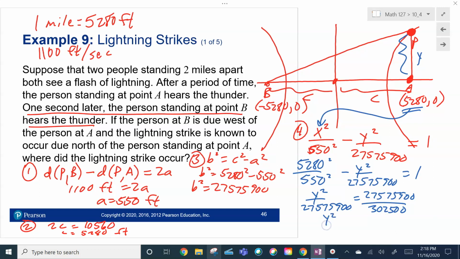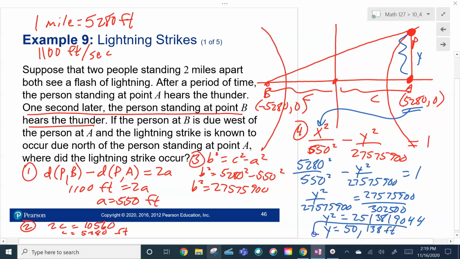So y squared equals, I multiply both sides by 27,575,900 and then divide by 302,500, and I get 2,513,819,044. Square root both sides, and I get 50,138 feet. That's where the lightning strike occurred. 50,138 feet due north of that person standing at point A.